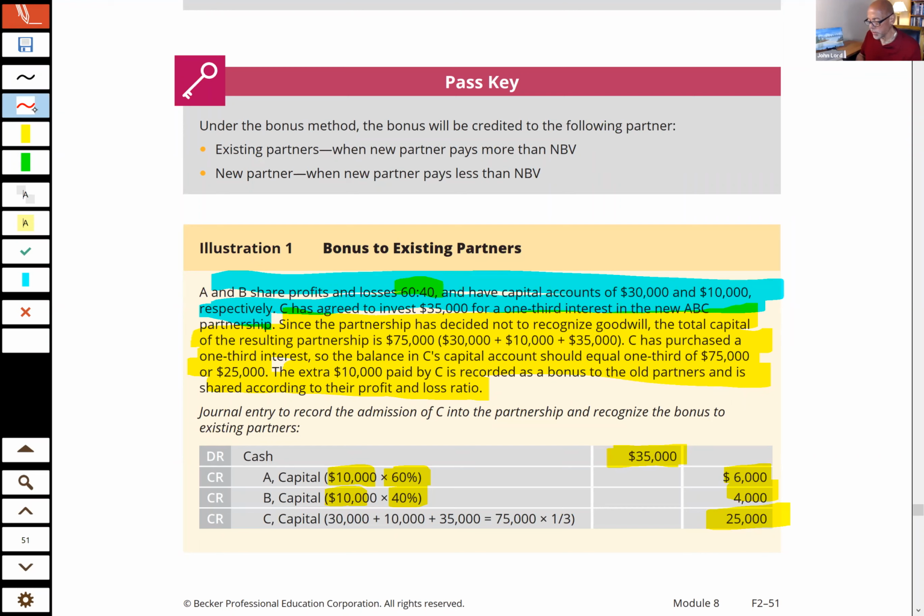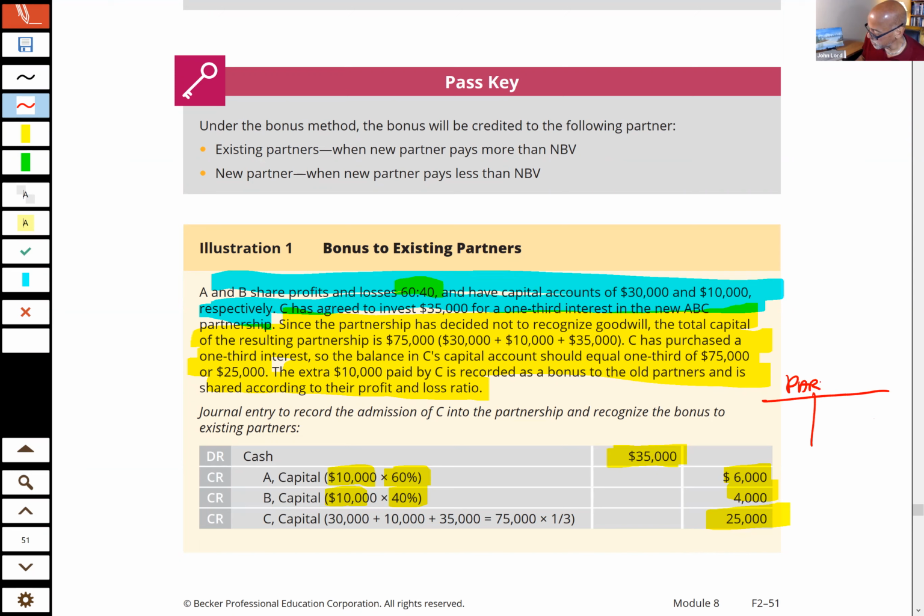Sometimes a question will ask you what will be in, say, and they'll pick a partner, say A's capital account after partner C is admitted. And so the answer there would be what? 30,000 that they started with. In fact, why don't I go ahead and do a T account on that?